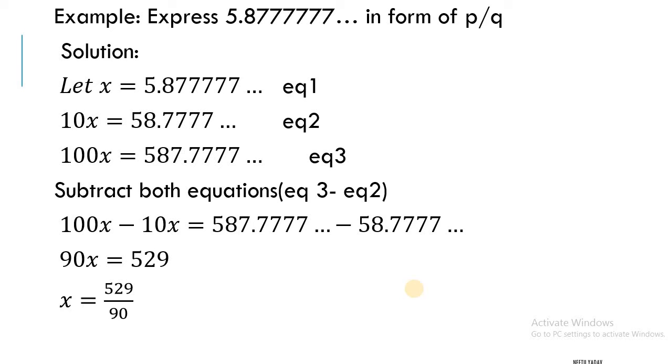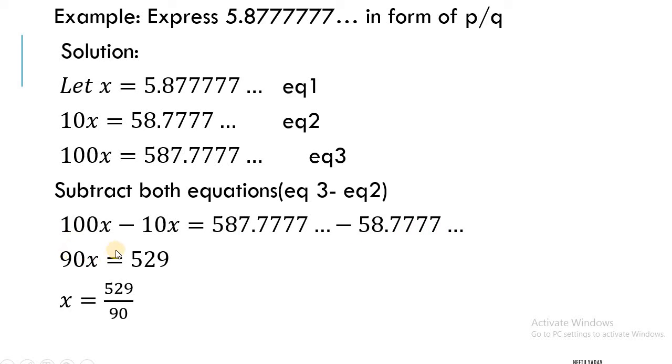Now I am subtracting equation 2 from equation 3. So on the left hand side I am writing 100x minus 10x, and on the right hand side I am writing 587.77... up to infinite minus 58.77... up to infinite.